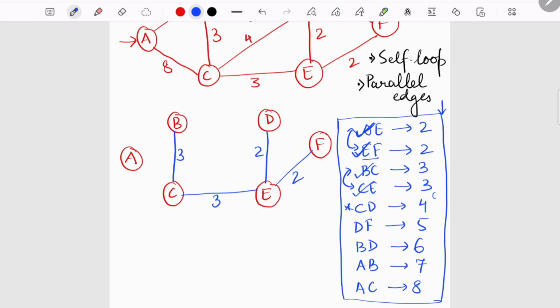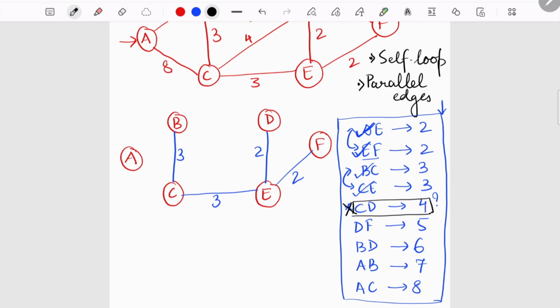Now should we pick this up? Say for example we take CD with edge weight 4. Isn't it forming a cycle? Can you see a cycle being formed between these 3 nodes? Yes. So we cannot pick up this edge. So I am just removing this edge. We cannot pick it up, because if we put this edge into the minimum spanning tree, then it will form a cycle.